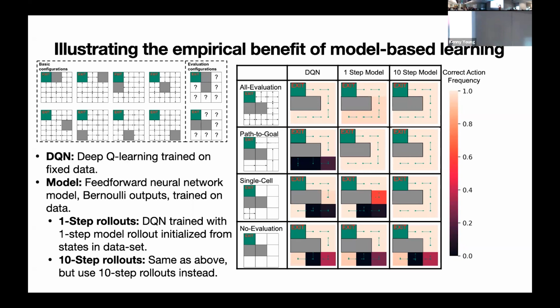So both of them are updated on the same data set, which is all those basic configurations and also some data from these 2-wall configurations. Neither of them are updated with online data per se. But the model does generate imagined data and then update DQN on that, so maybe that's what you're getting at. Yeah, okay. Sorry, I think maybe that was your underlying question.